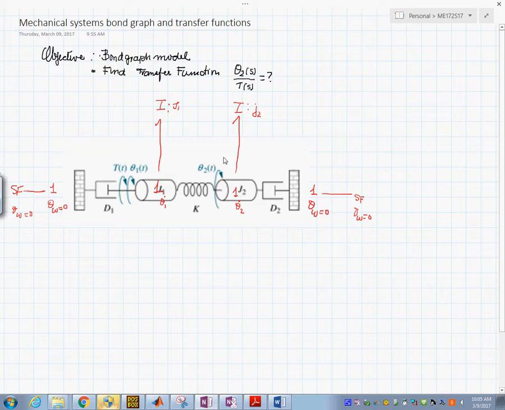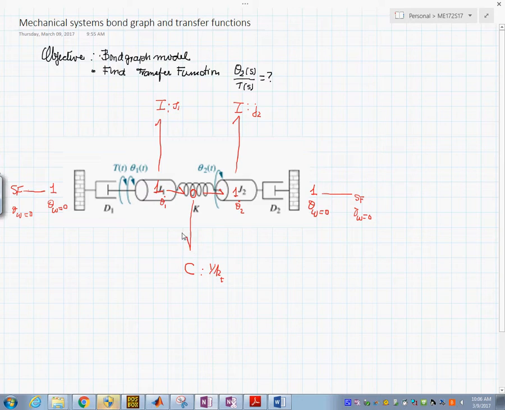Now you see in between these two, we have this spring. The spring is the relative motion, in this case rotational motion, between theta 1 dot and theta 2 dot. So we have a C element in between with value 1 over k. This is the torsional k.